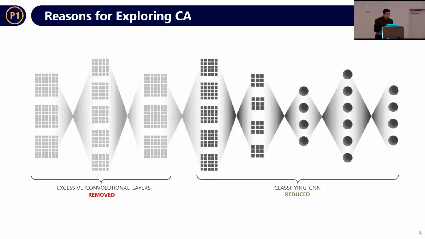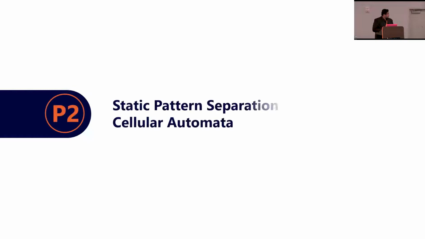What if we could use the cellular automata to replace convolutional layers in a convolutional neural network? So the reason why I'm exploring this is to help reduce the number of convolutional layers and also see if we can completely eliminate them. And that's a secret, so we'll come to that at the end of it. So let's go into exactly how we're implementing this.